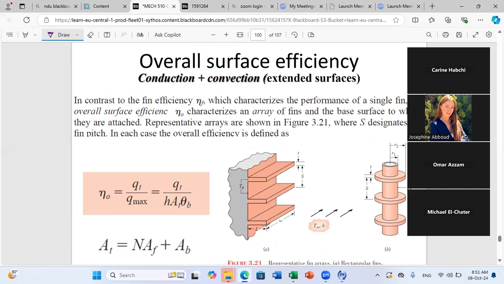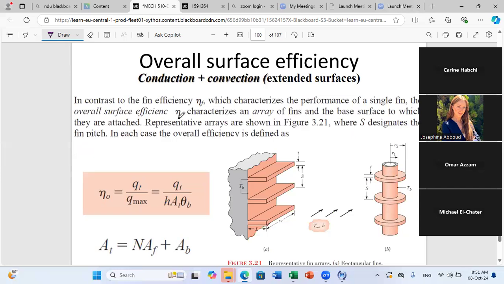So in contrast to the fin efficiency, which characterizes the performance of a single fin, we can define what we call the overall surface efficiency, eta zero, which characterizes an array of fins and the base surface to which they are attached. Representative arrays are shown in the following figure, where S represents the fin pitch. The fin pitch, if you want, is the distance between two consecutive fins. So this is a repetitive pattern, if you want. So each S, I have a new fin.